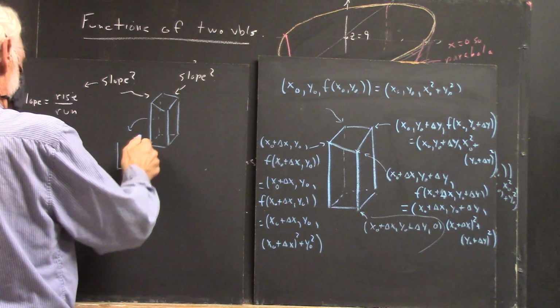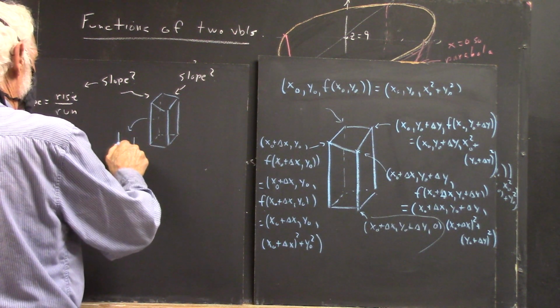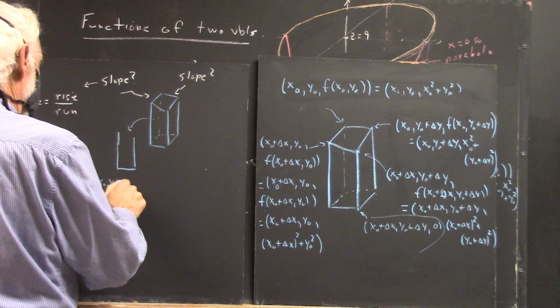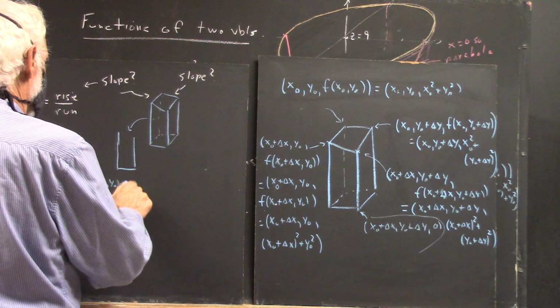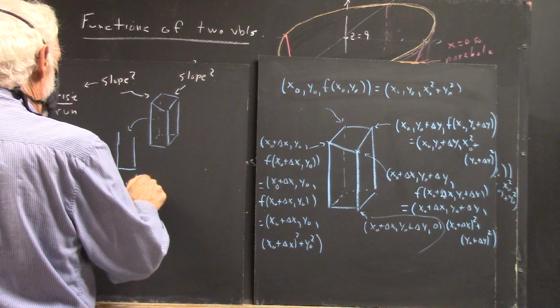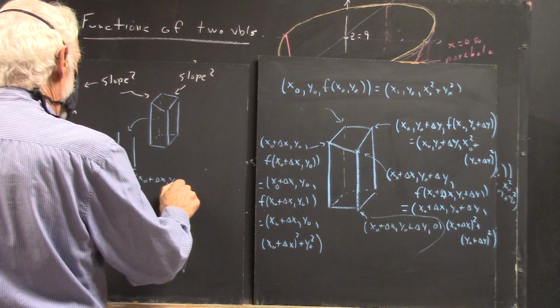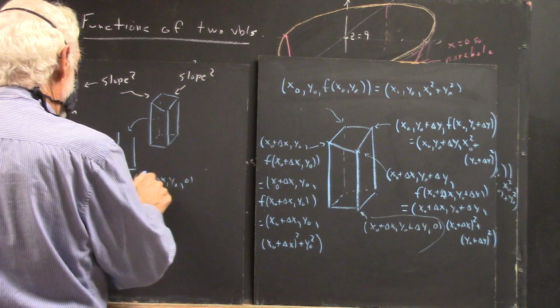No, it really isn't higher here than it is here, so I'm going to make it this way. So here's a point x naught, y naught, 0. Here's the point x naught plus delta x, y naught, 0.